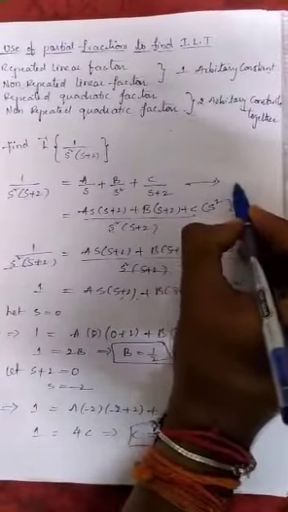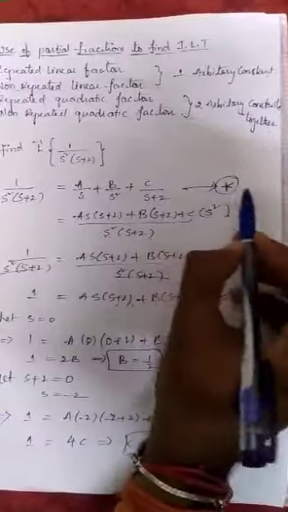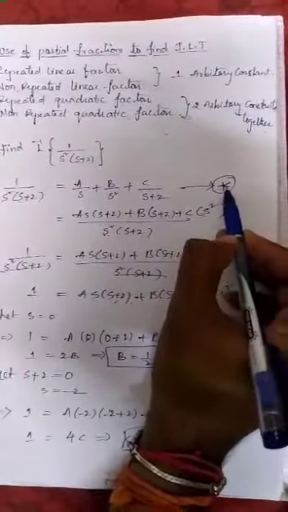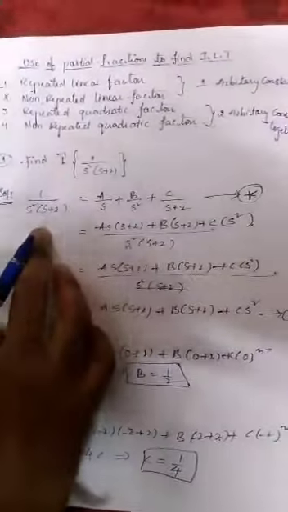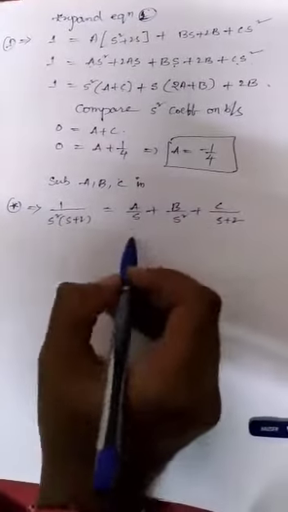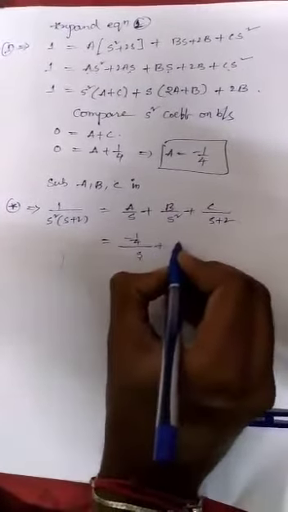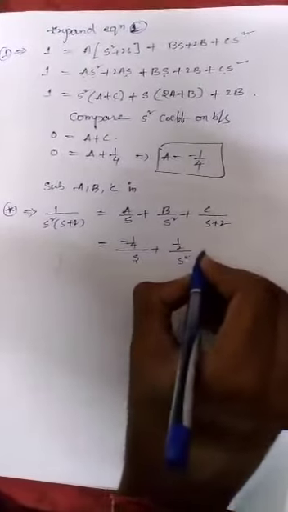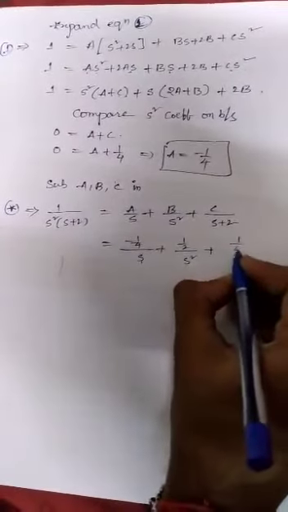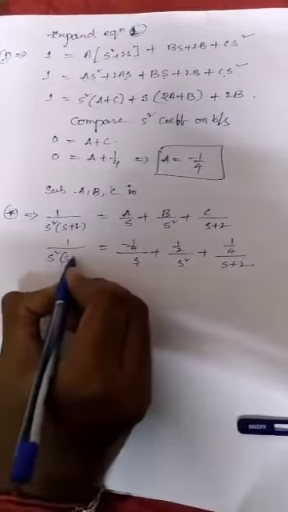Let us consider this equation as star. Substitute a, b, c values in this equation here. So a value is what? Minus 1 by 4 by s, and b value is what? 1 by 2, so 1 by 2 by s square, and c value is what? 1 by 4, so 1 by 4 by s plus 2. So this is the value of 1 by s square into s plus 2.